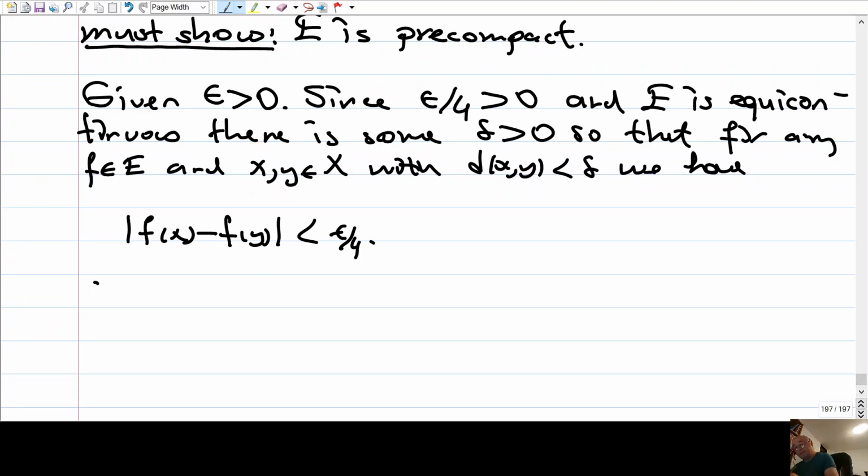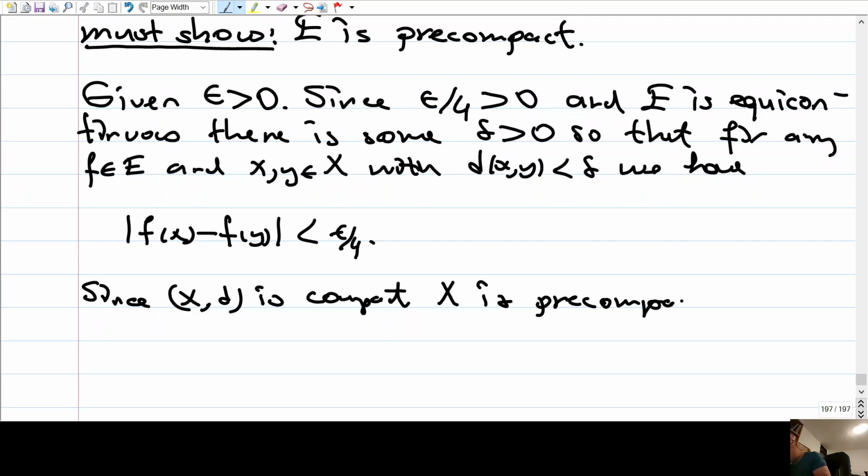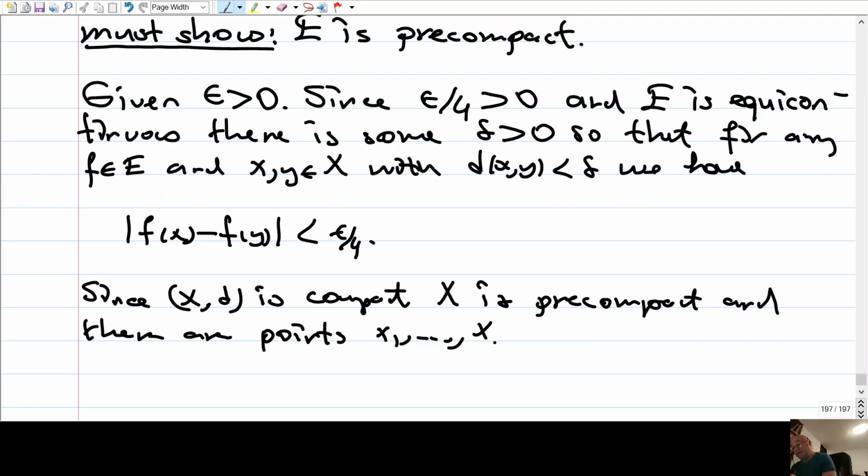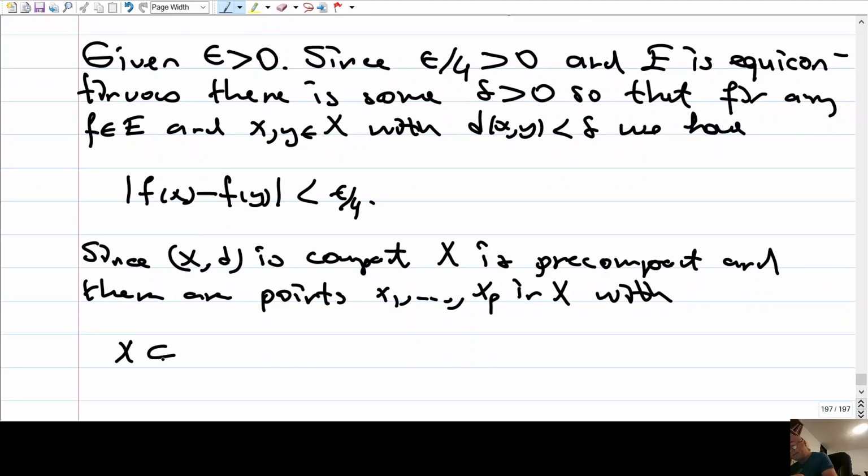On the other hand, we have this. Since X is compact, it is pre-compact, and there are points x1 up to x rho in X with the following: X is contained in, and therefore is equal to, this union of balls of radius delta around x1 up to x rho.